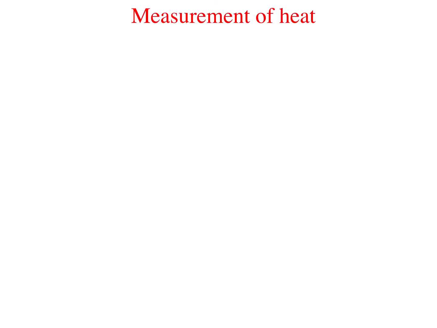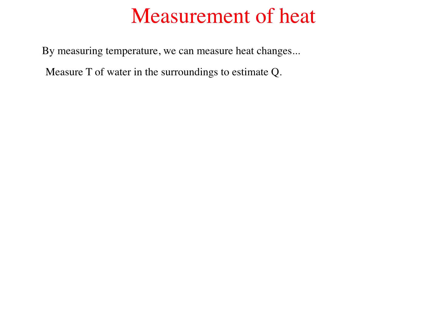So this is how we make a measurement of heat. And so by measuring the temperature of water in the surroundings, we can measure heat changes. So Q and T are not equivalent quantities. This is really important to understand.